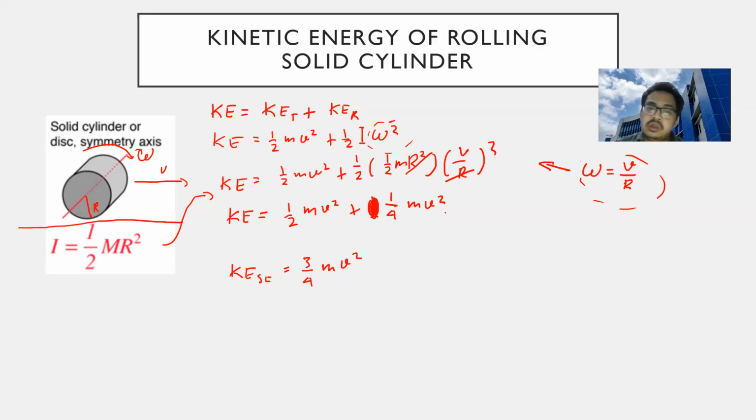Because if we want to add this up, we could use the commutative nature of this equation. So we only need to add up the half and the quarter, and mv squared, let it be.